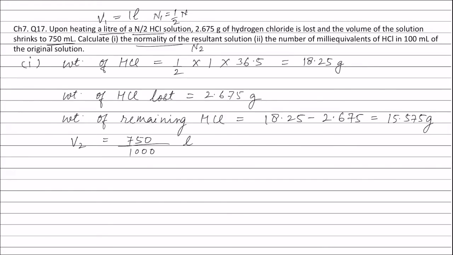Therefore, normality of the resultant solution, or N2, will be equal to number of equivalents of HCl divided by volume of solution in liters. Now, number of equivalents of HCl will be weight of HCl, that is 15.575 grams, divided by equivalent weight of HCl, that is 36.5, divided by volume of solution in liters, that is 750 divided by 1000.